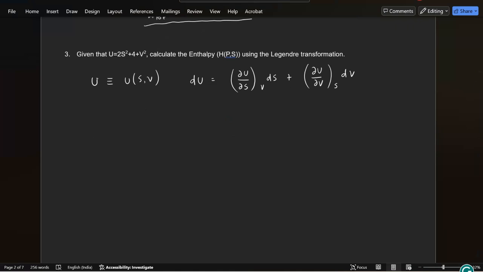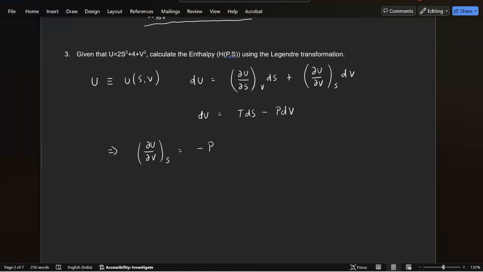And from work done and heat formula, we also know that dU is equal to TdS minus PdV. Correct. All right. Yes. So now, which means del U by del V at constant entropy is minus P. Fine. So this we know.